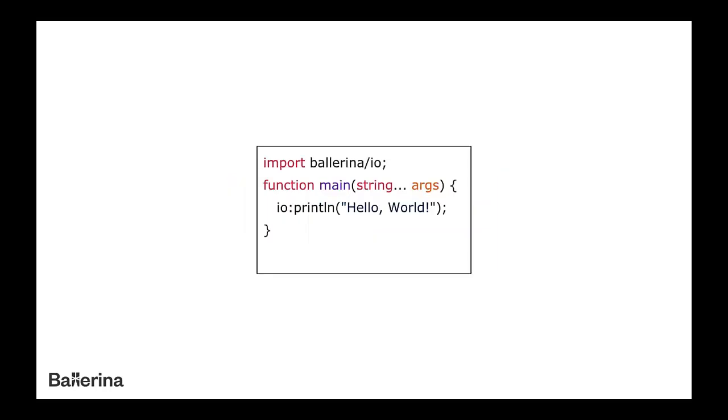Let's start with a simple hello world program first of all, as a customary thing you would do with a new programming language. The Ballerina syntax is very familiar if you have used programming languages like Java, C++, JavaScript, and so on, so it's not a very high learning curve.